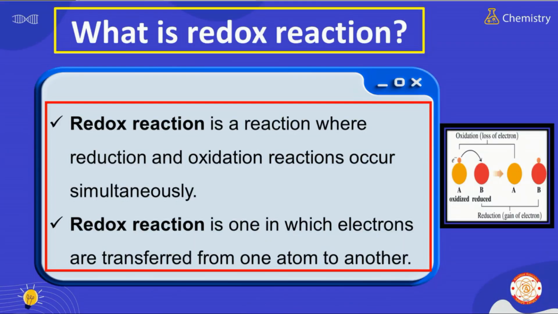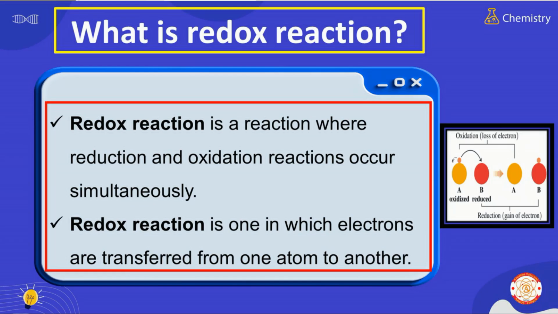So what exactly is a redox reaction? Redox stands for reduction oxidation reaction. It is simply a reaction where reduction and oxidation reactions occur simultaneously, meaning both happen at the same time.